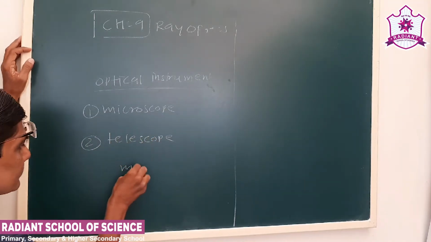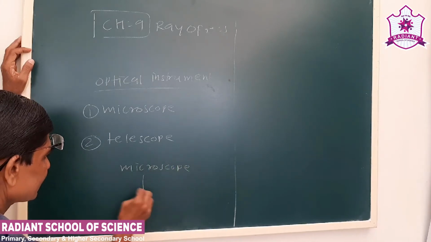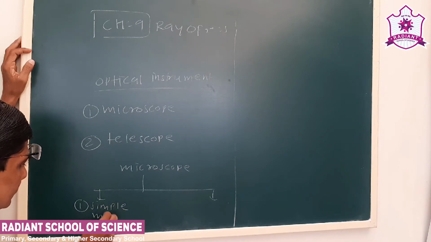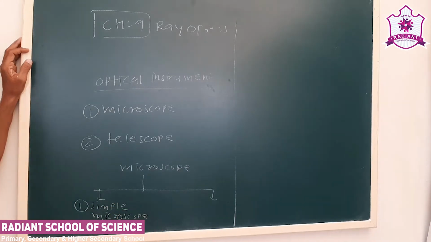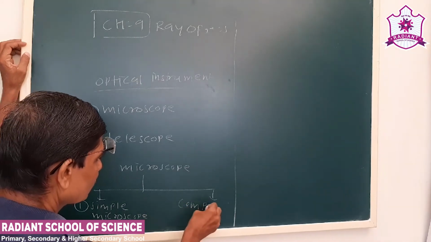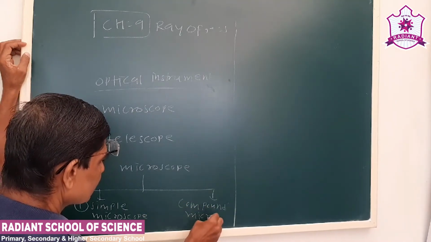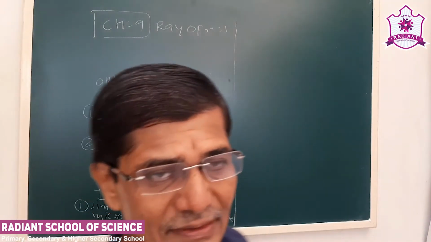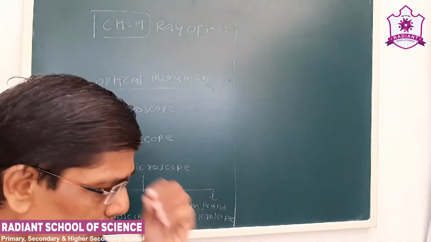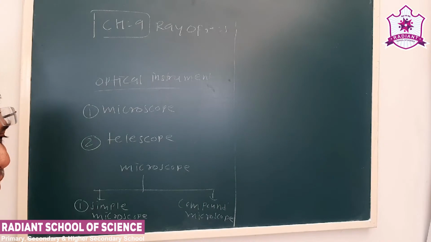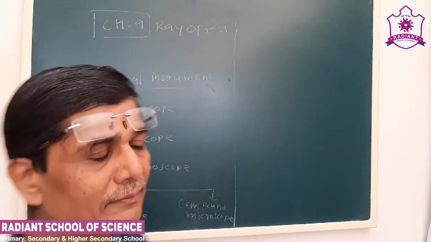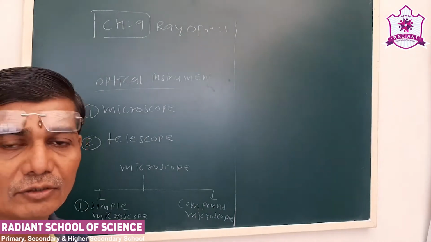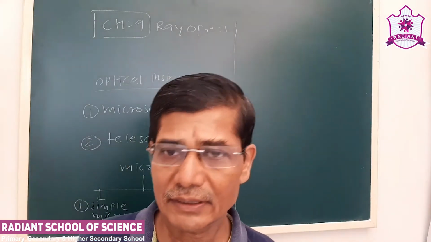Now see, microscope: one is a simple microscope, which uses one lens, and the compound microscope, which uses two lenses. The microscope and telescope are important optical instruments that we have to study. A microscope is used in the biology laboratory to study microorganisms, and a telescope is used for the study of celestial objects like stars and planets.